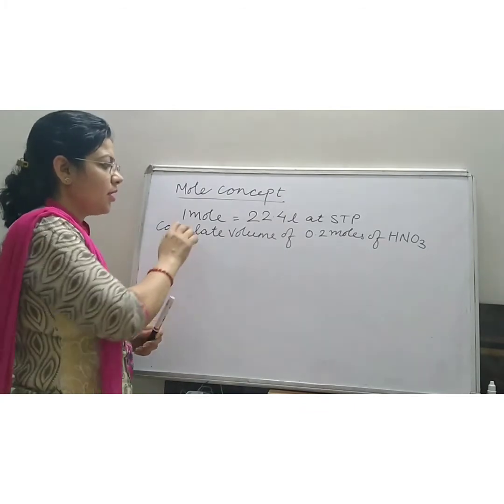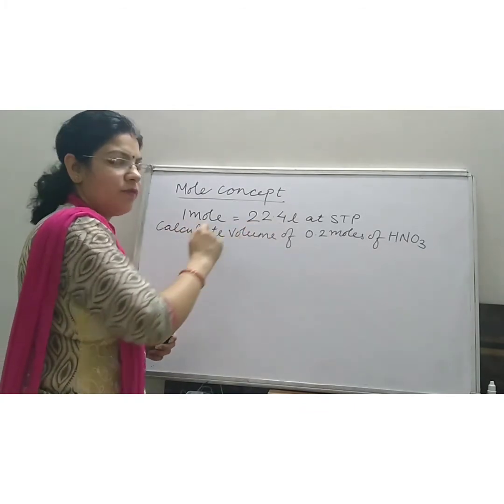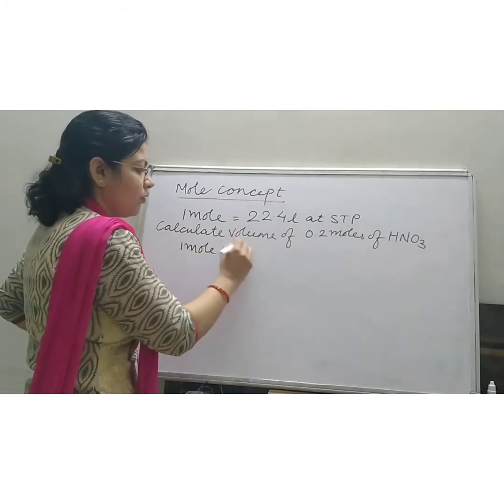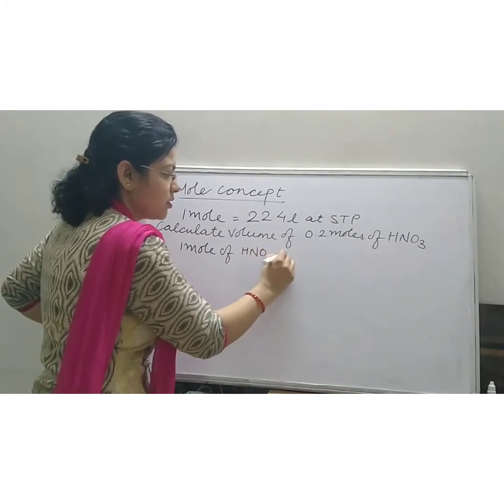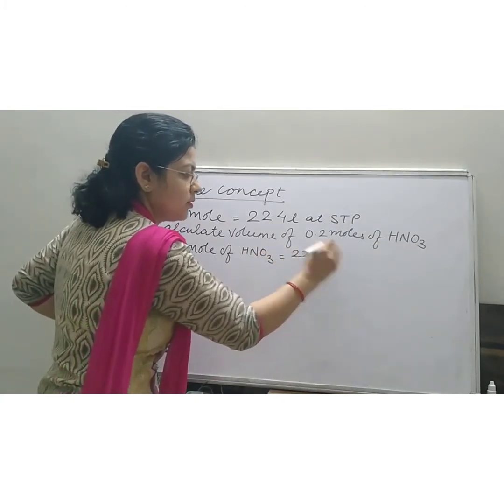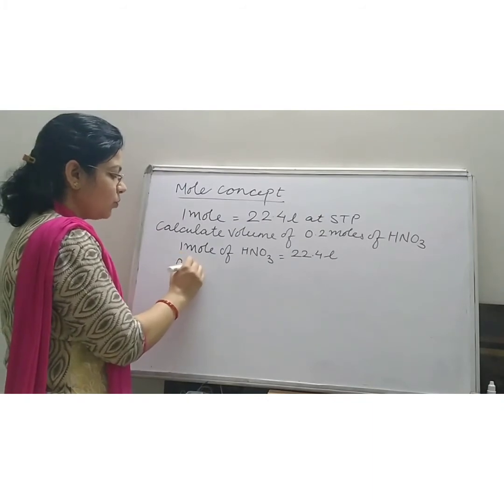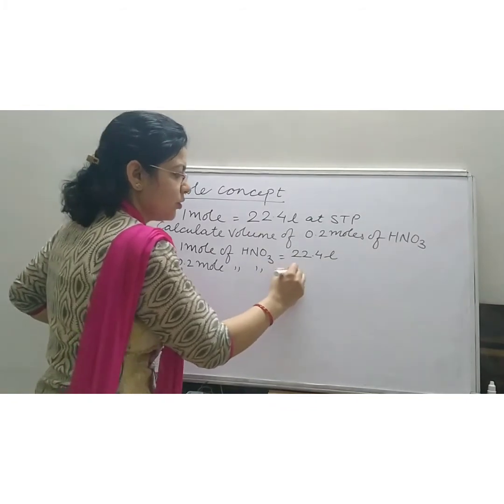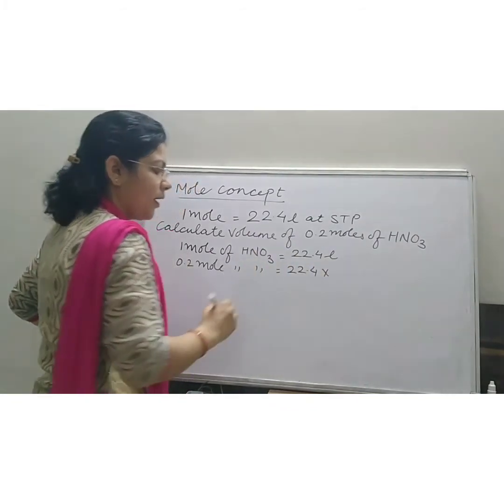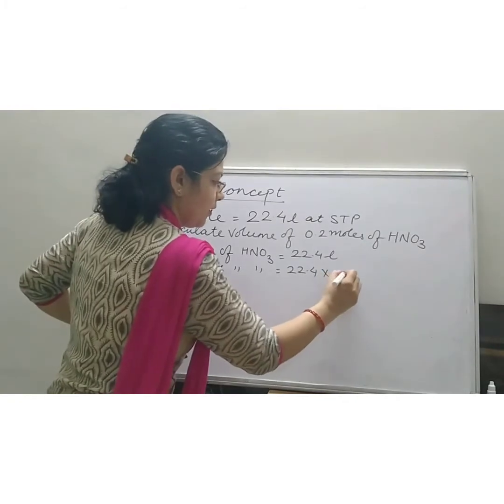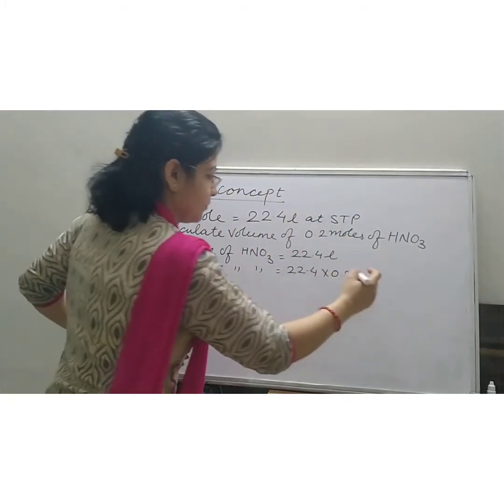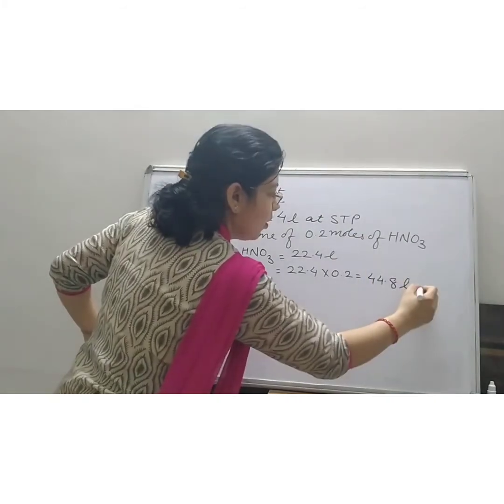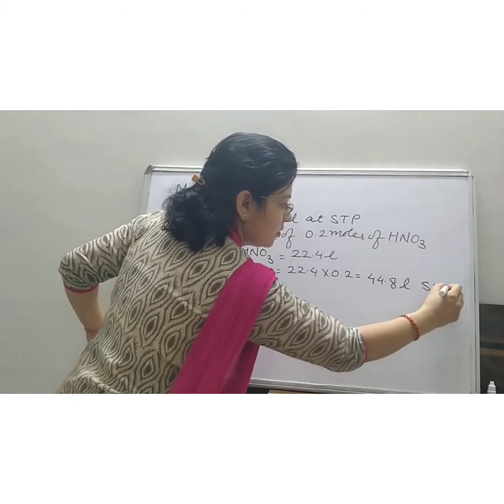As we know that there is a relationship between 1 mole and 22.4 liter, so 1 mole of nitric acid is equal to 22.4 liters, and 0.2 moles of nitric acid is equal to 22.4 multiplied by 0.2, that comes out to be 44.8 liter, provided the condition STP.